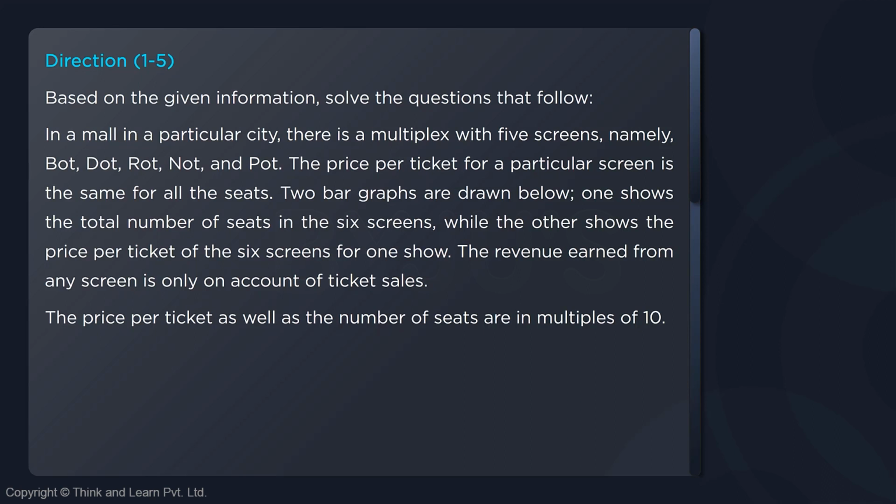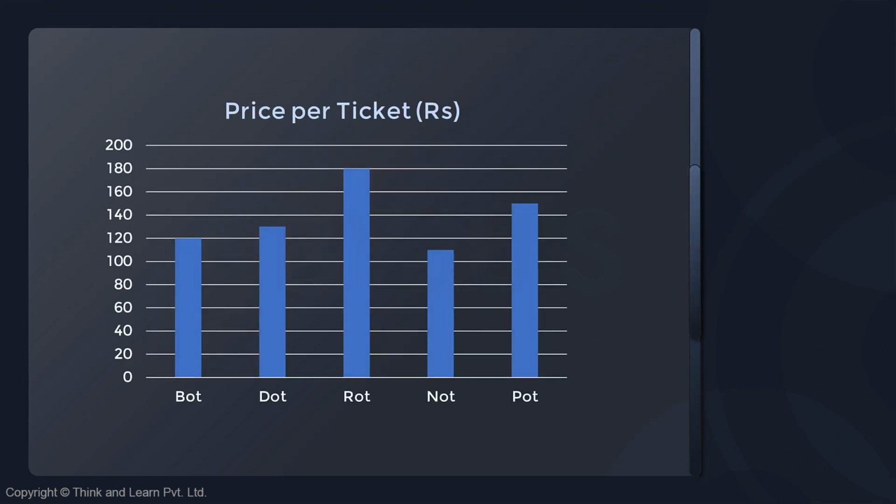Alright. Okay, let's look at the paragraph. This is price per ticket, so it's quite readable, I think, right? This is 120. This is midway, so multiple of 10, that means we'll take this as 130. This is 180.